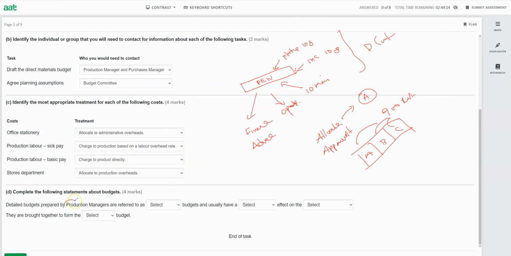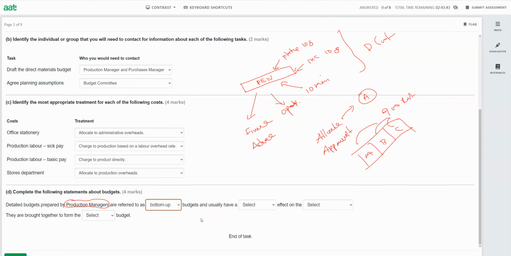That means the people who will execute the budget, for example the operational people, if they prepare the budget, we call it bottom-up budget, because the budget is prepared by the people who actually do the work. But if the budget is prepared by the senior management sitting at the top level, the strategic people, we call it top-down budget. So here it is bottom-up.